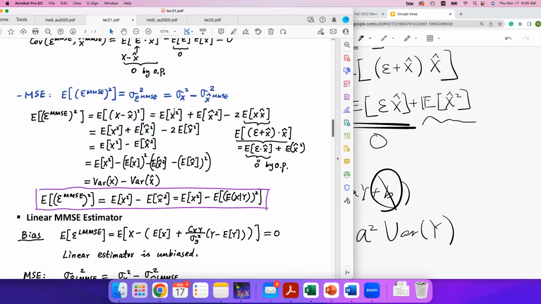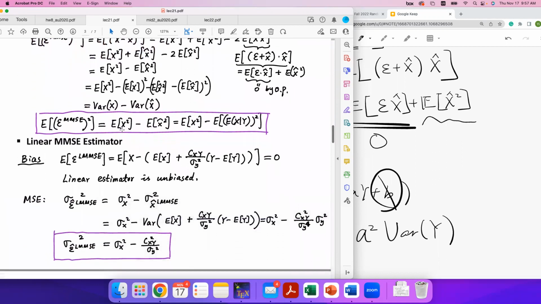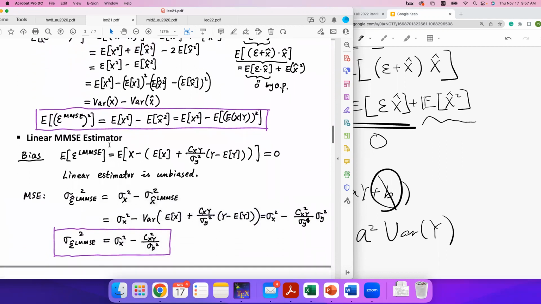You just need to leverage these formulas to calculate the mean square error achieved by different estimators. And in the end, you see from these formulas, it reduces to computing these fundamental statistics of these random variables.